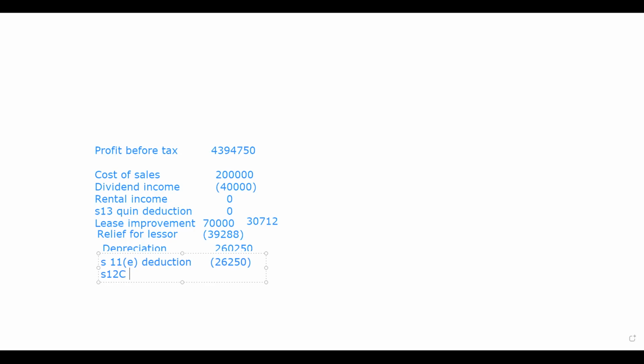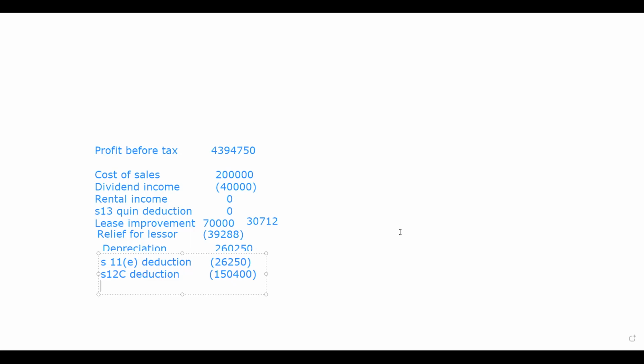Section 12C says new and unused, you have to use 40%. We know about that. So that amount multiplied by 40% gives us the deduction, 150,400.